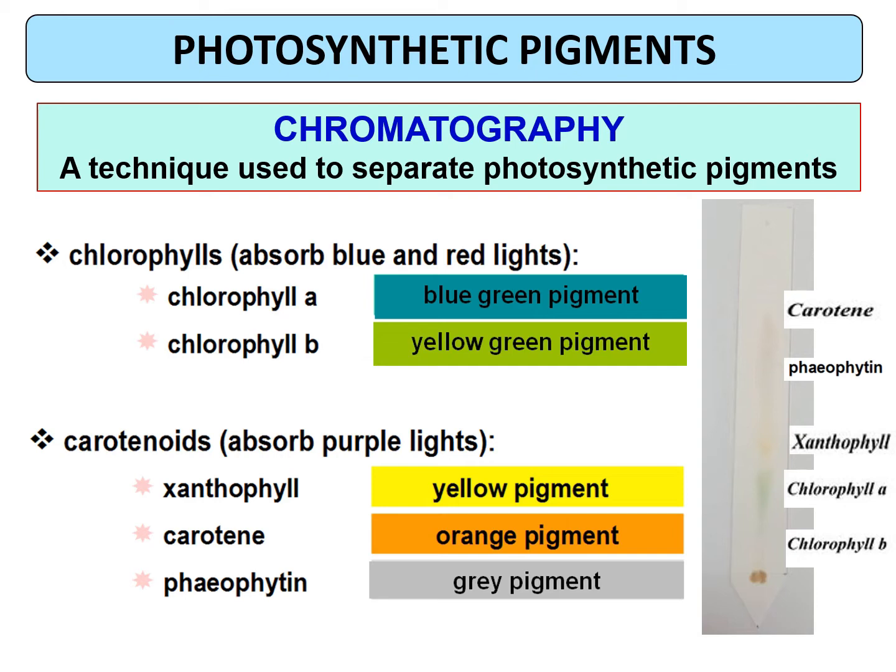Under chlorophylls, we have chlorophyll A and chlorophyll B. Chlorophyll A is a blue-green pigment, while chlorophyll B is a yellow-green pigment. For carotenoids, there are a few types, which include xanthophyll, carotene, and phytin.